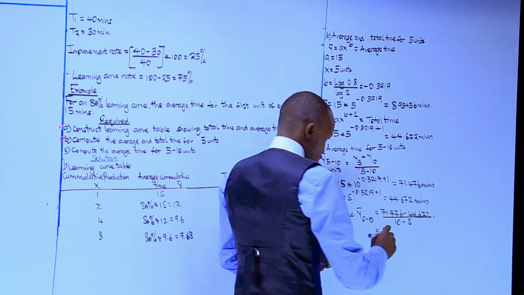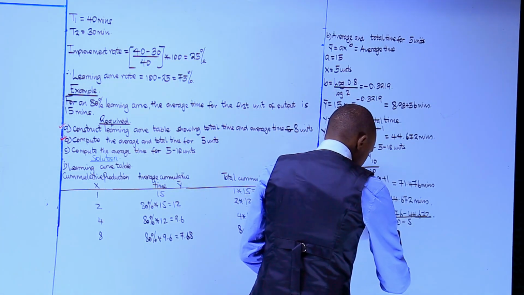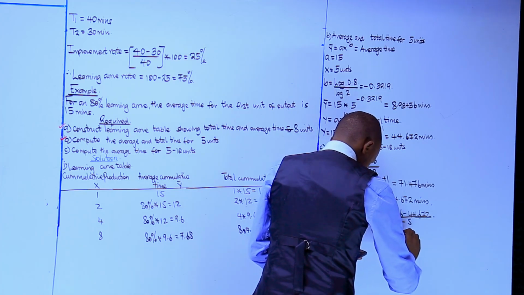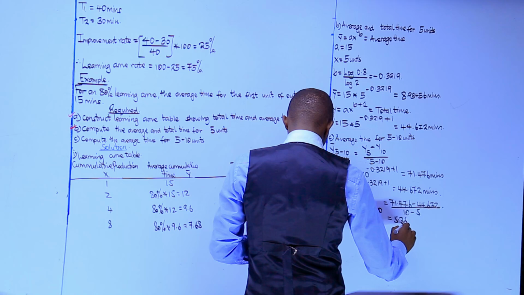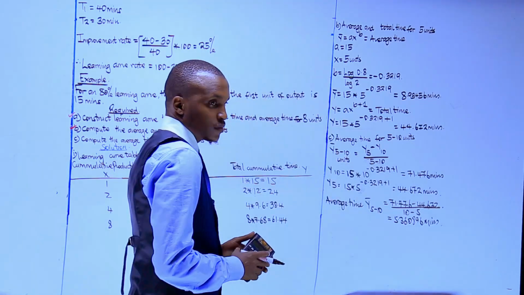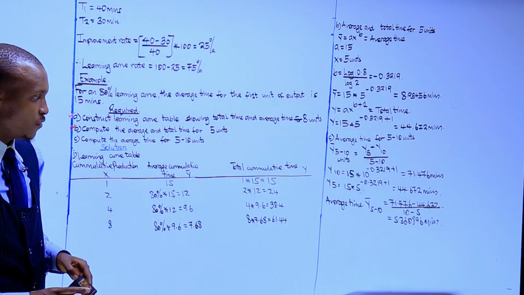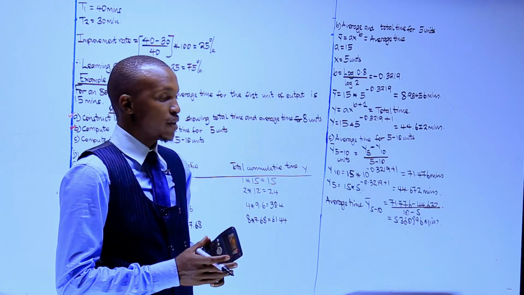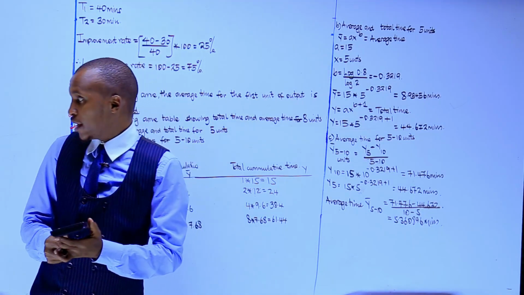So on average, it is 5.360896 minutes. So the average time between 5 and 10 units is 5.360896 minutes.